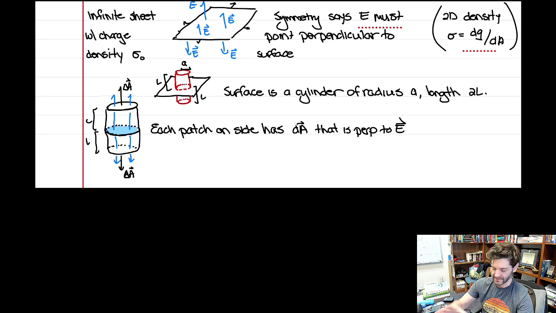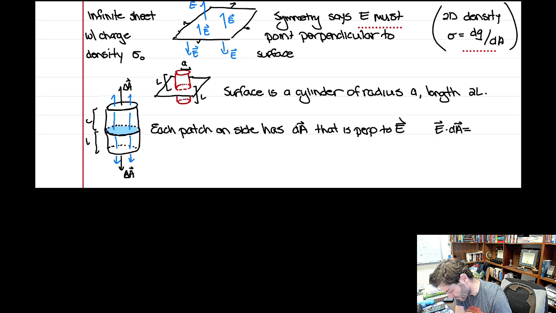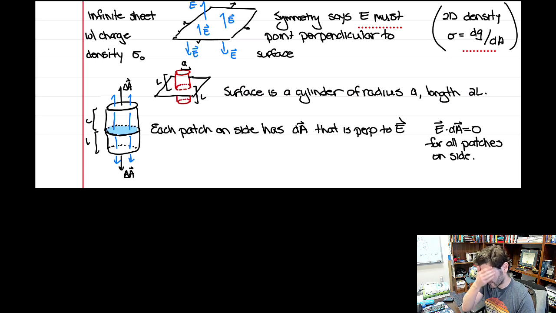They're all either going out left or right, or into the page or out of the page. So that means that E dot dA is 0 for all those patches on the side. Fantastic. That integral then becomes really simple.